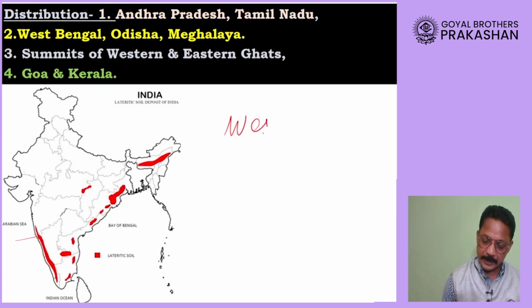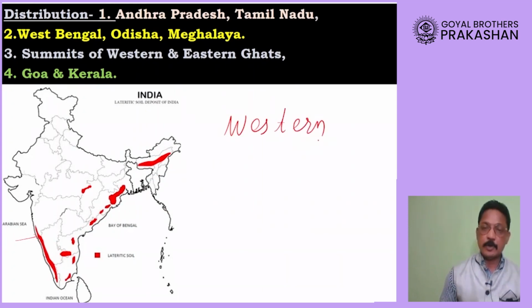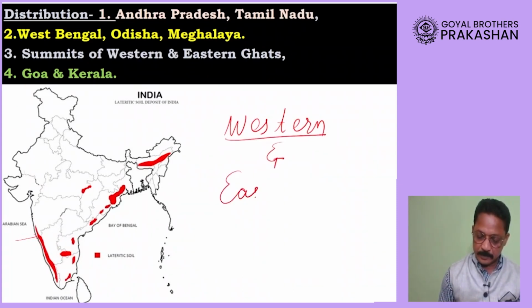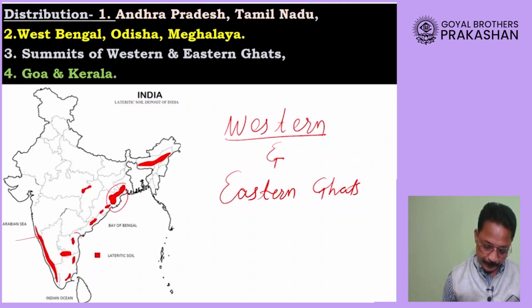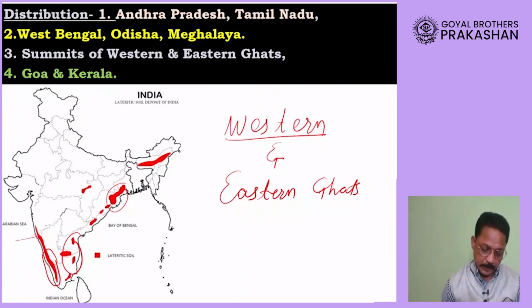So this soil is found on the summits of Western and Eastern Ghats. It is present in Orissa, Tamil Nadu, a major part of Kerala, and also some part of Goa. So this will be the location where laterite soil is found.